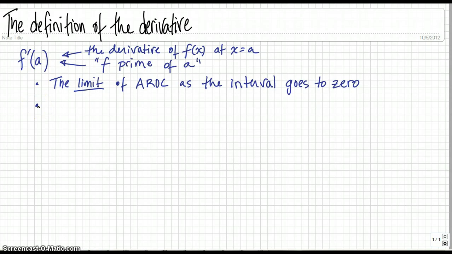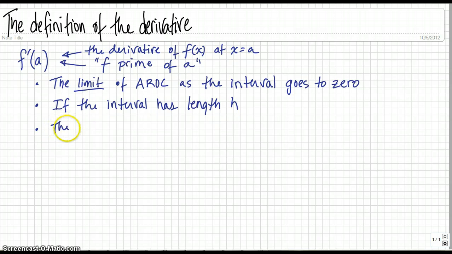But if I'm going to calculate this, I need a little bit more on it. So if we say that the interval has size h, if I'm going to take a time interval, say, of total length h, then we're talking about the limit as h goes to 0. So what is that going to be?